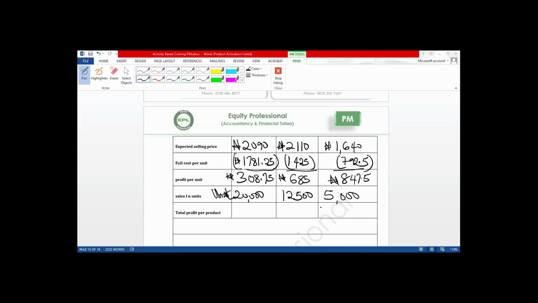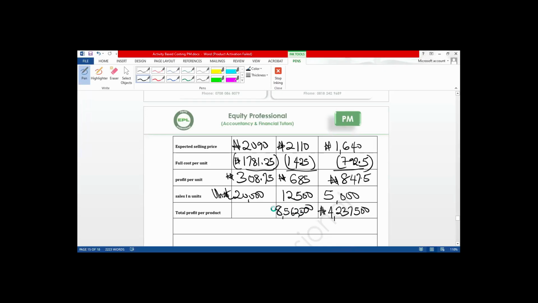This will give you 4,237,500. Beta is 8,562,500.